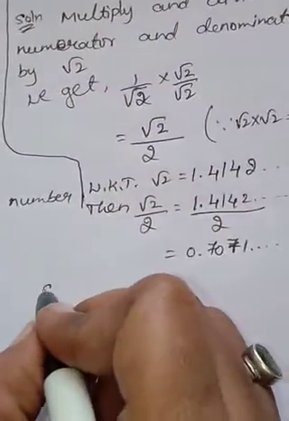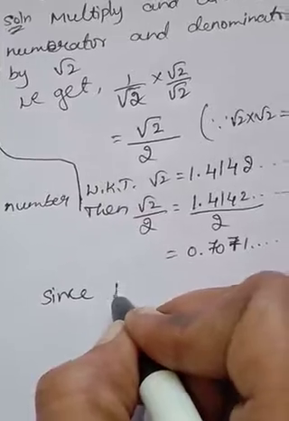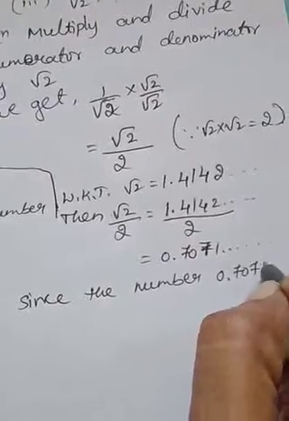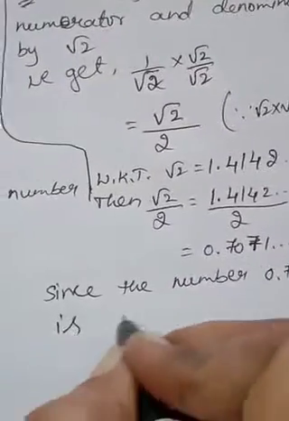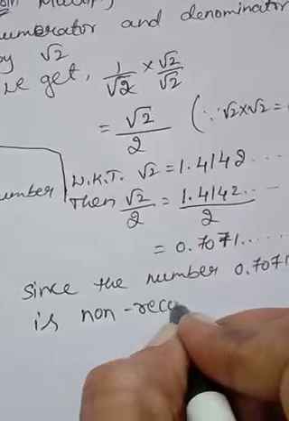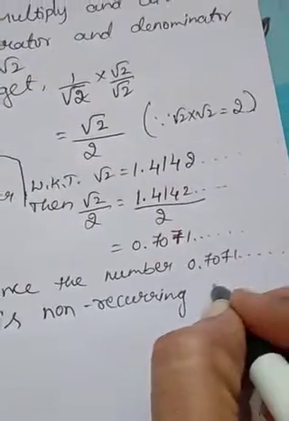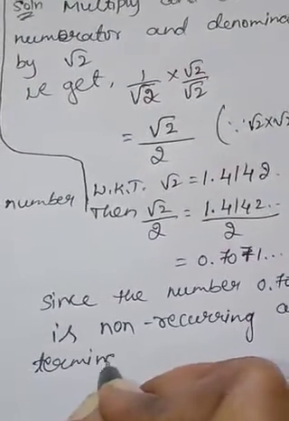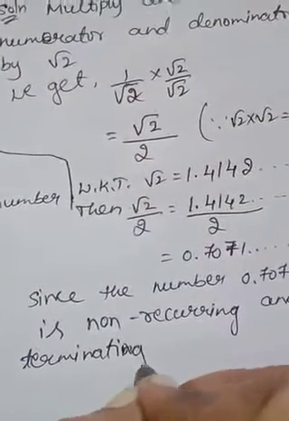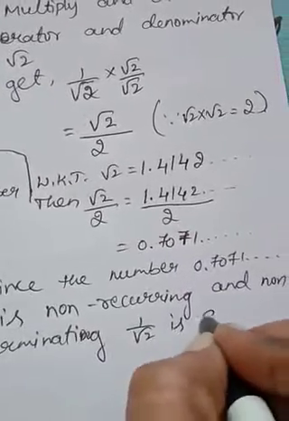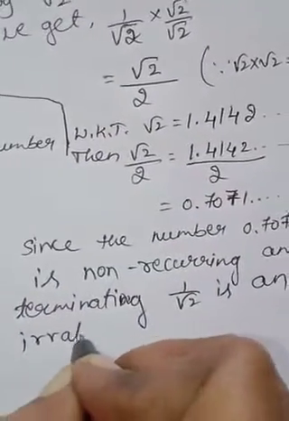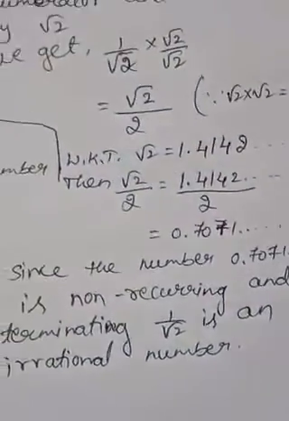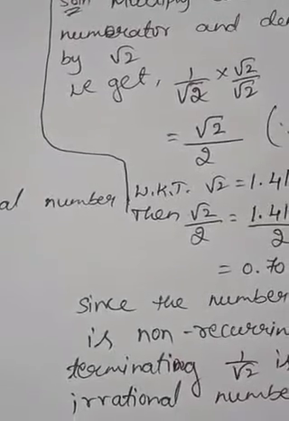Okay, since the number 0.7071 is non-recurring and non-terminating, 1 by root 2 is an irrational number. Okay, I hope you understood these problems, and the remaining problems you can solve easily.